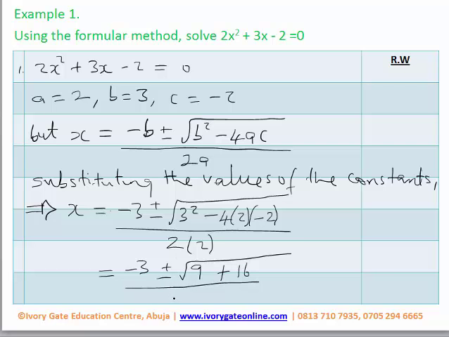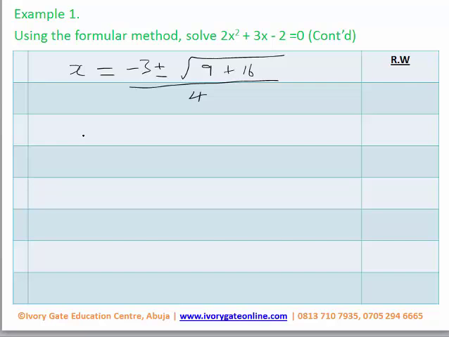Then all divided by 2 times 2 is 4. Okay, moving over to the next page. Here we have that x is minus 3 plus or minus square root of 9 plus 16 over 4. Then this gives us what? Minus 3 plus or minus square root of, simplifying further what is in the determinant, we have 9 plus 16 is 25 all over 4.